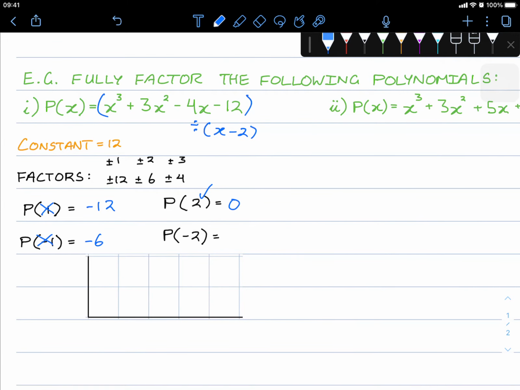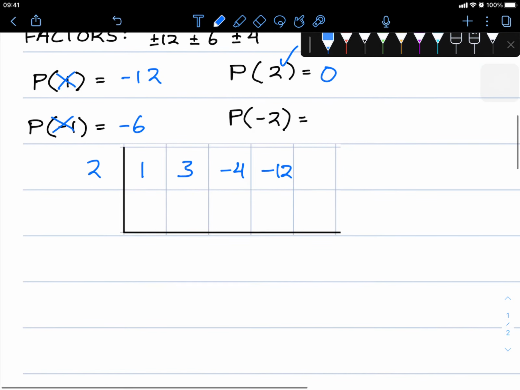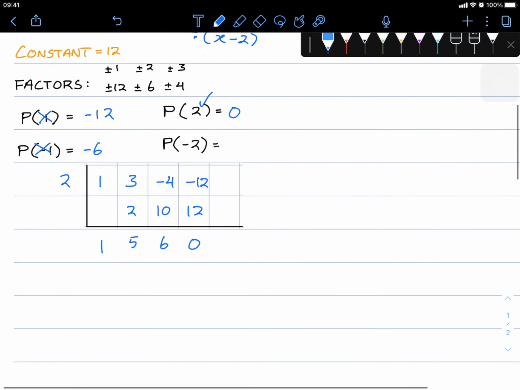Using polynomial long division, or in this case, I'm going to use synthetic long division. So 2 becomes my divisor. Taking the coefficients and doing our synthetic long division. Ignoring the first, multiplying, adding, multiplying, adding, multiplying, and adding once more. We get a remainder of 0.